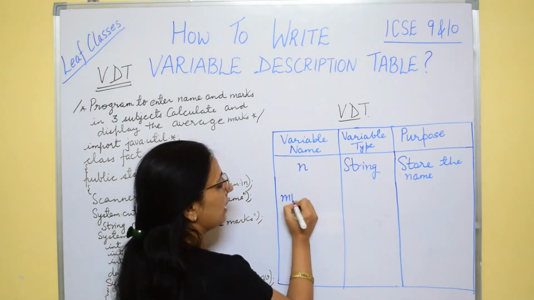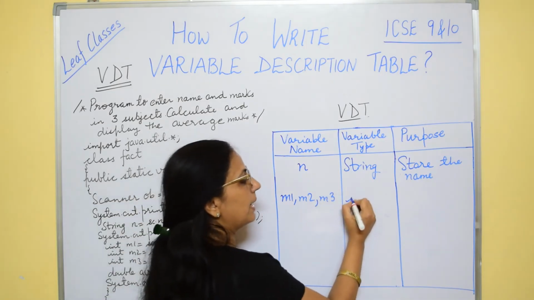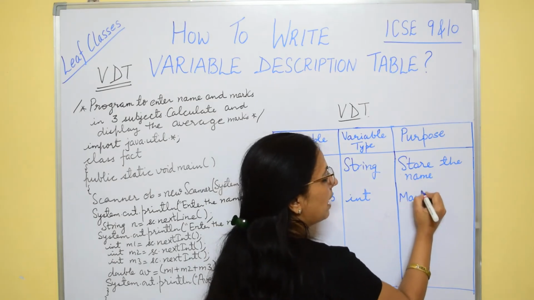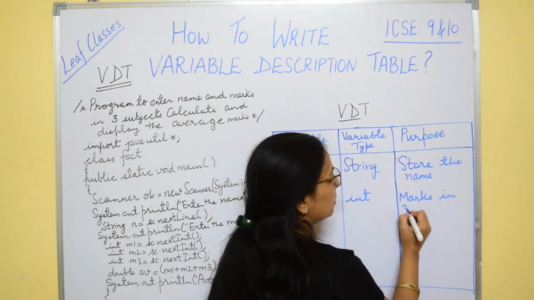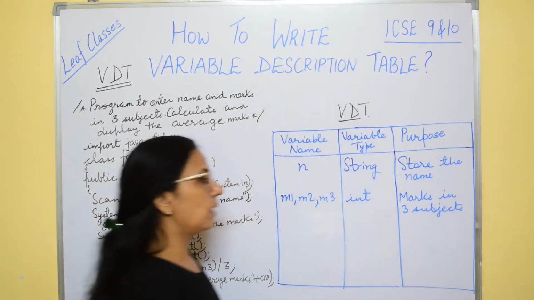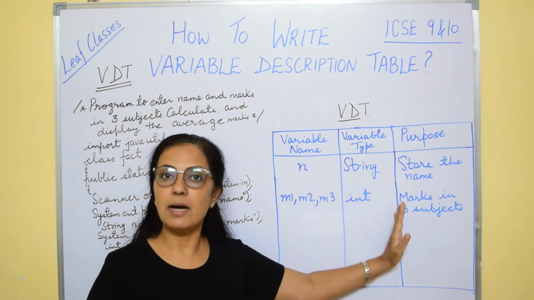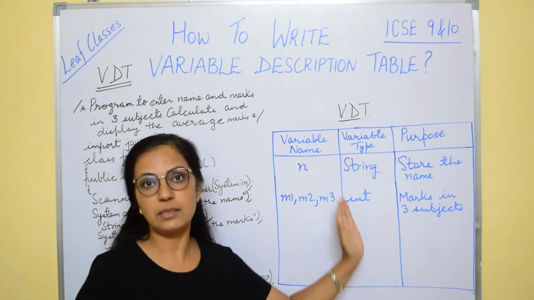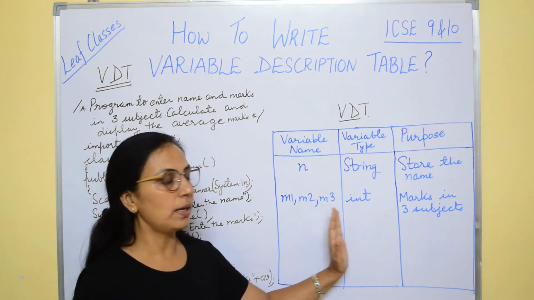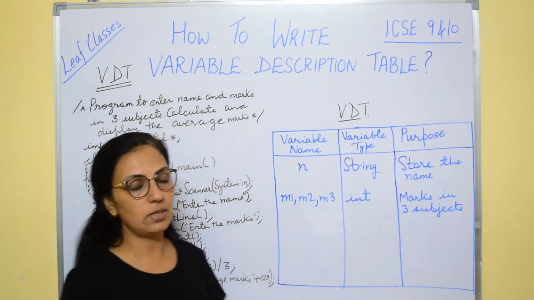Or we can write M1, M2, M3 all together and write their type here, and here we can write marks in 3 subjects, right? So it is up to us how we want to write. We can write M1 int, marks of first subject, M2 int, marks of second subject, and then M3. Or we can write M1, M2, M3 together and write int and marks in 3 subjects.